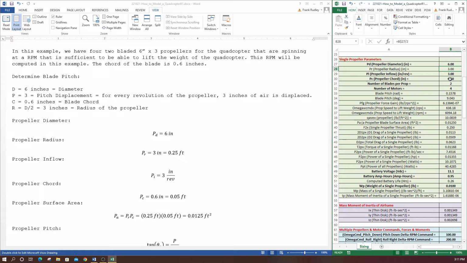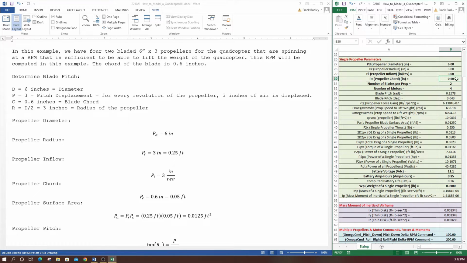And then we have the chord of the propeller. This is kind of estimated. The propeller's got a variable chord, but this is an estimate. So our propeller diameter is 6 inches, our radius is 3 inches, which is 0.25 feet, our inflow is 3 inches per rev, and our chord is 0.6 inches, which is over here.